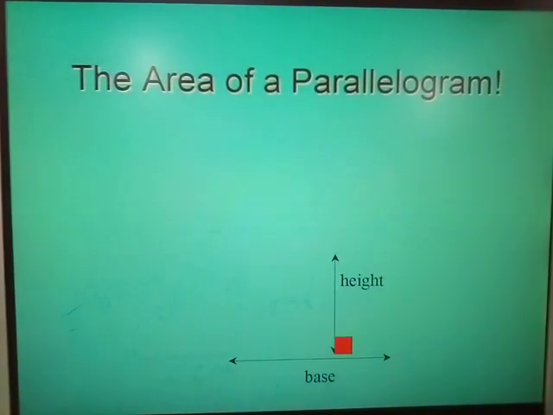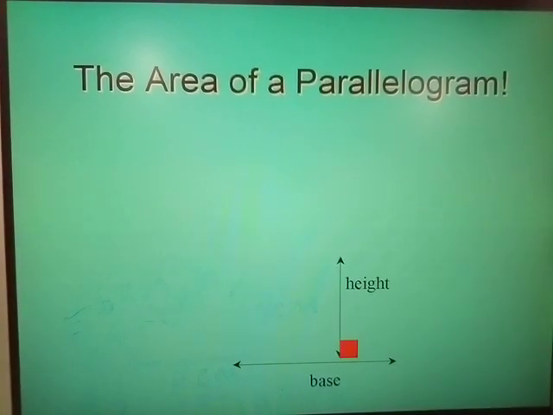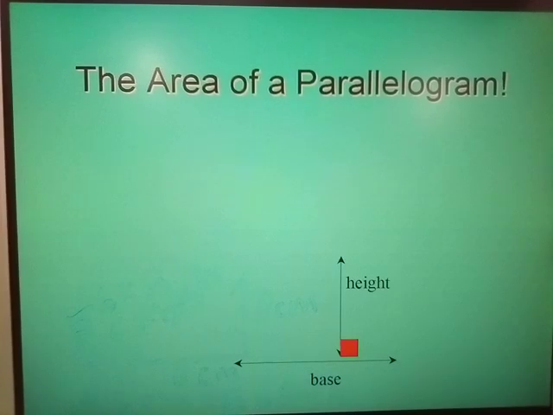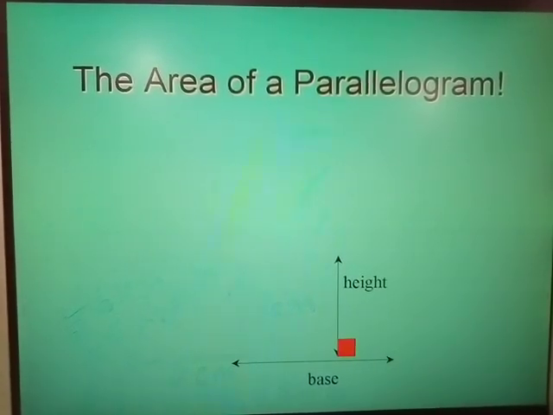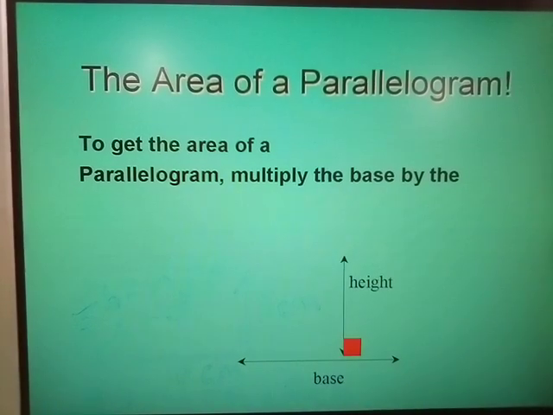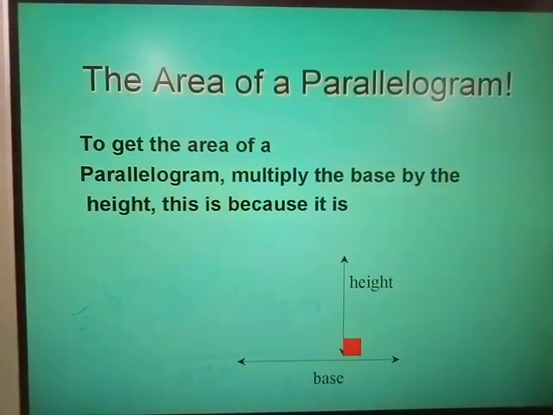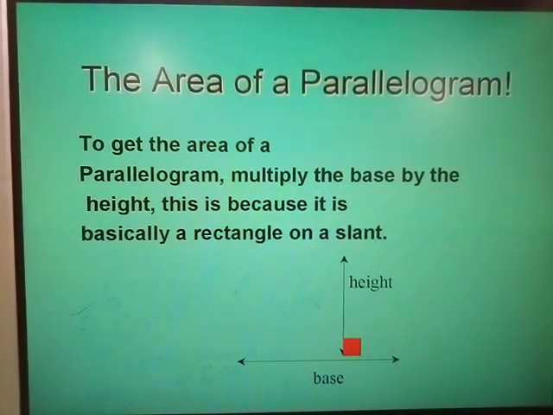Now here we're looking at the area of a parallelogram. To get the area of a parallelogram, multiply the base by the height. This is because it is basically a rectangle on a slant.